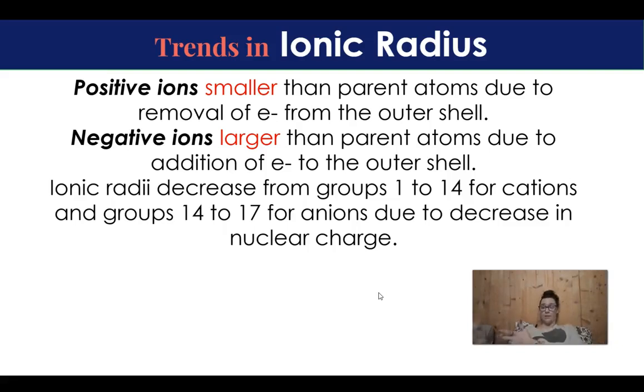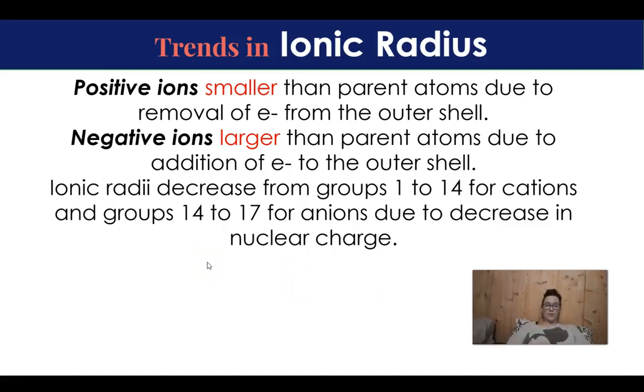Negative ions, or anions, on the other hand, have extra electrons being added to that valence shell. So because of that, they're going to have more repulsion between electrons in that valence shell, which in turn actually makes the ion bigger. So anions have bigger radiuses than their parent atom. So if you think about fluorine, fluoride has a bigger ionic radius than fluorine because it has that extra electron added.